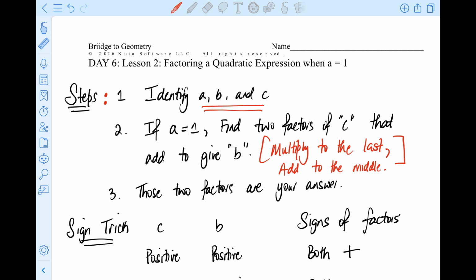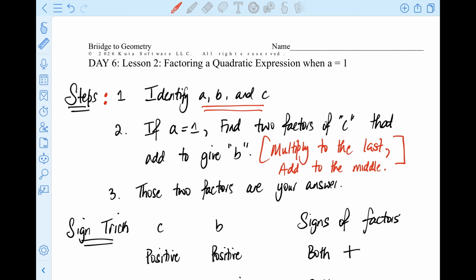However, what I've seen is a lot of standardized testing really does have everything boiled down to you being able to factor when a is equal to 1. This is where it starts. So we're going to try to master this. And if you do master this, then the rest will be easy.